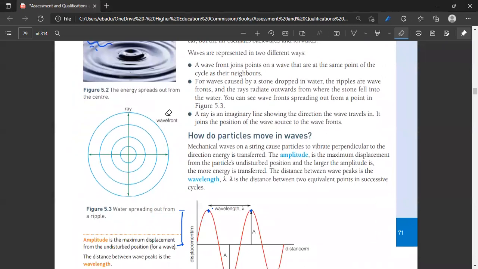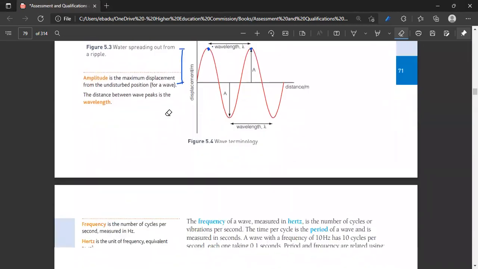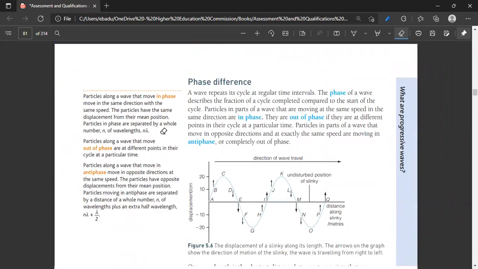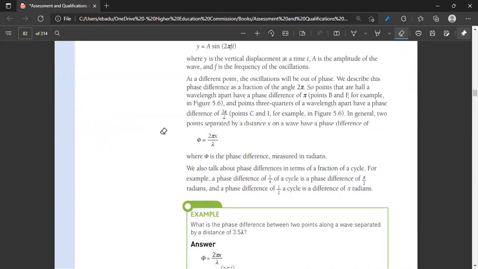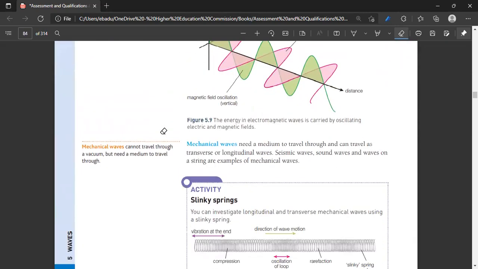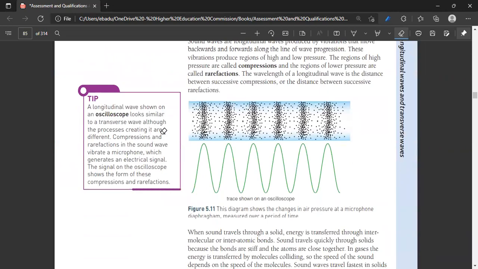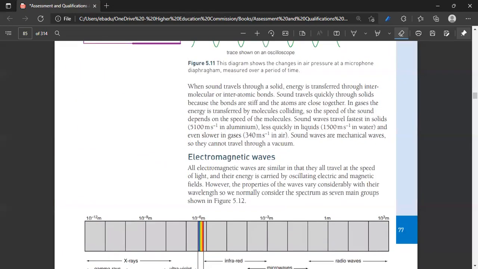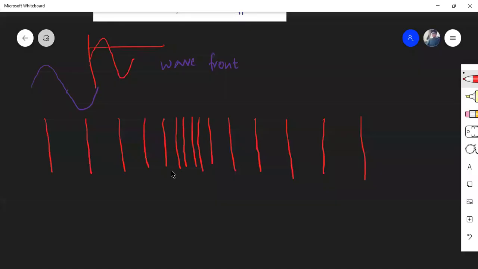Okay, so that's the basic concept of a wave, and the points I was talking about on the longitudinal waves: the points where the waves get closer, this region is described as the compression region, and the region where they are further apart, like this one, is called the rarefaction.